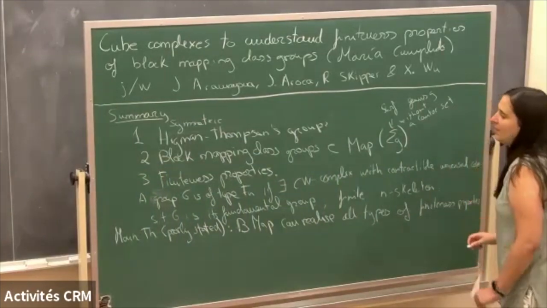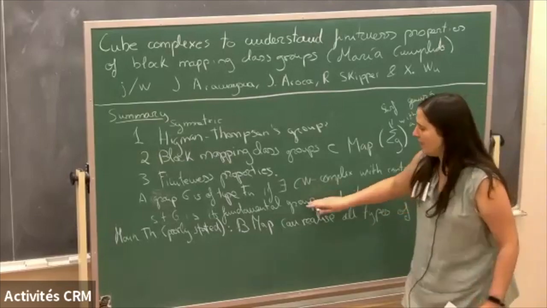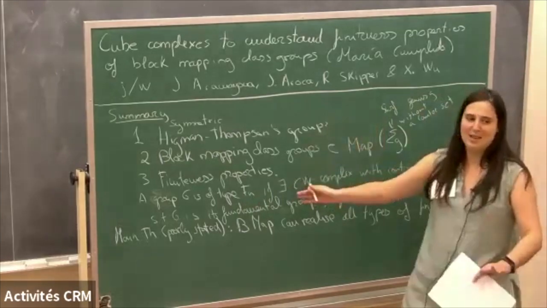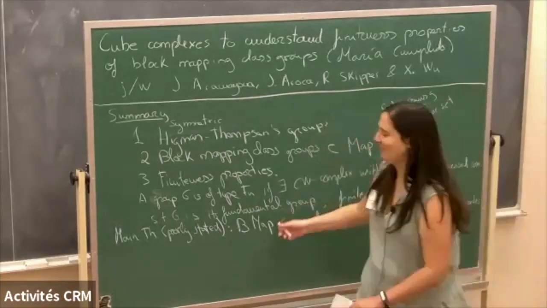So we can find groups of type Fn but not type Fn+1. It will be clearer in a few minutes.